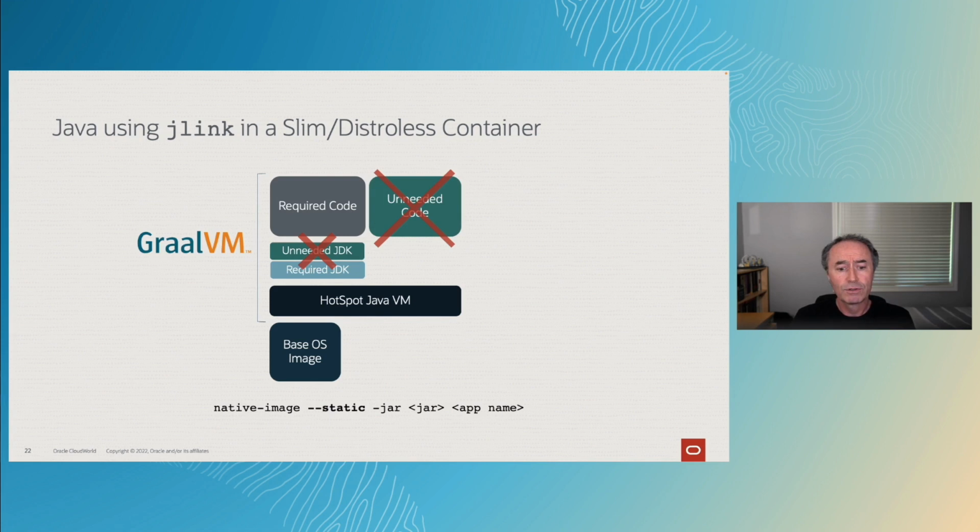Now, if we move to GraalVM Native Image, and I'm going to introduce this static option here, and I'll get around to static in a second. If I'm using GraalVM Native Image, I can actually get rid of the unneeded code. And I mentioned before what we remove from your application, right? What we don't package. I can get rid of the code you don't need from your application that you think you've written yourself, but included in possibly even a company provided utility jar where you need one or two classes.